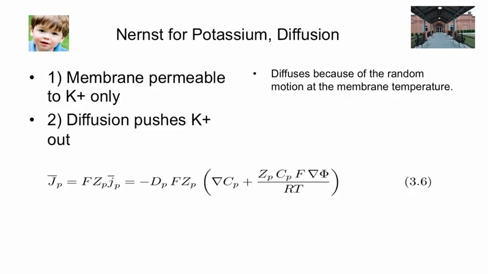Then the membrane lets potassium ions leak back out through these channels where it is permeable to potassium only.